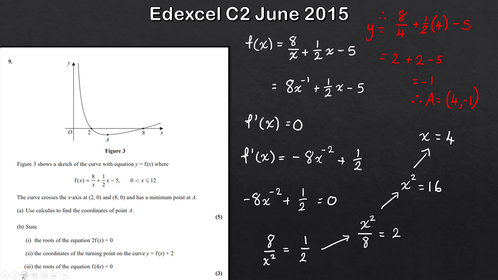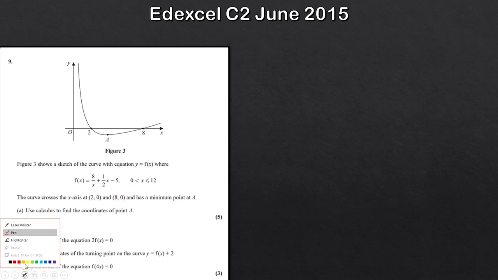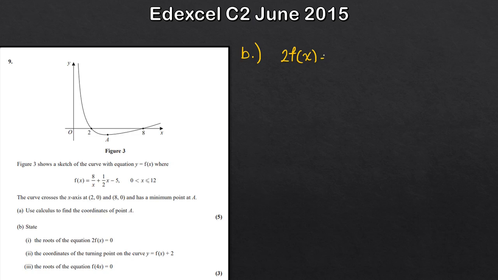Now we'll clear the screen here and carry on with part B. So, 3 different parts here. Part 1, we have to state the roots of the equation 2 f of x equals 0. I don't want to say it's a trick question, but there's actually nothing to it.